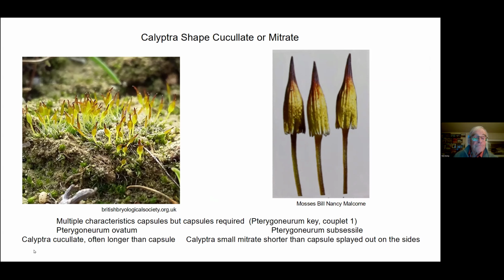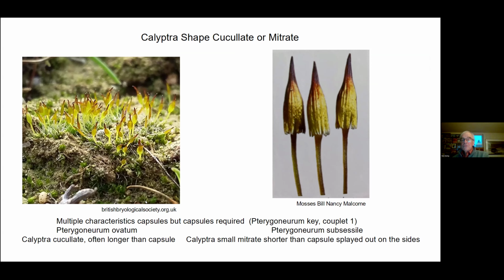In one species, the calyptra is described as being cucullate, and often longer than the capsule. Cucullate means spoon-shaped, and you can see this is a good example here where it's as long as the capsule and it's shaped like a spoon. This is shaped like a spoon here. Yeah, here's a good one down here.